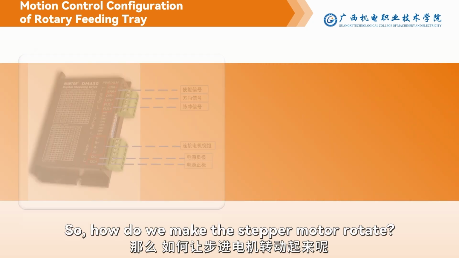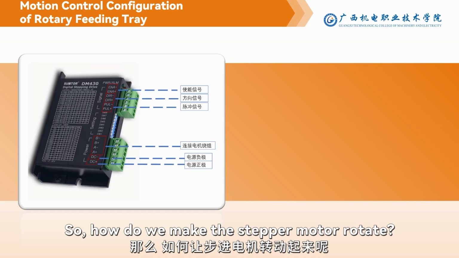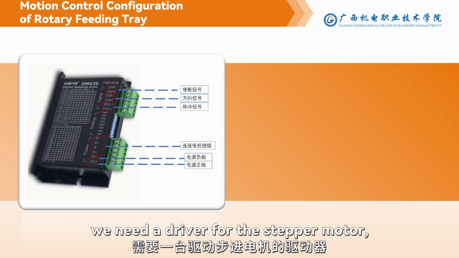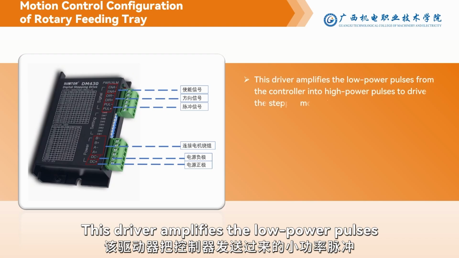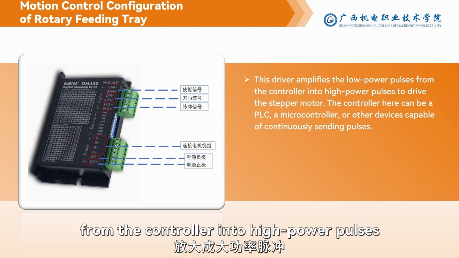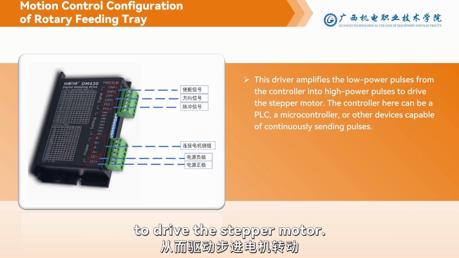So, how do we make the stepper motor rotate? First, we need a driver for the stepper motor, as shown in the figure. This driver amplifies the low power pulses from the controller into high power pulses to drive the stepper motor.